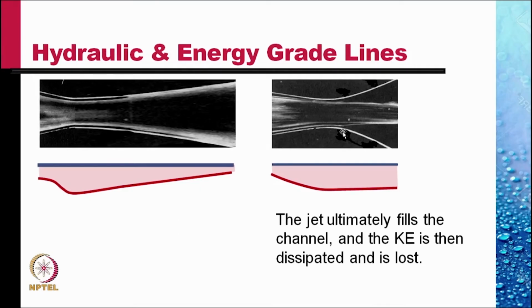I have plotted here the hydraulic and the energy grade line in a converging diverging channel. In the first picture on the left, we have a channel in which there is a short converging portion and a very long diverging portion. The total energy shown by a blue line is constant.